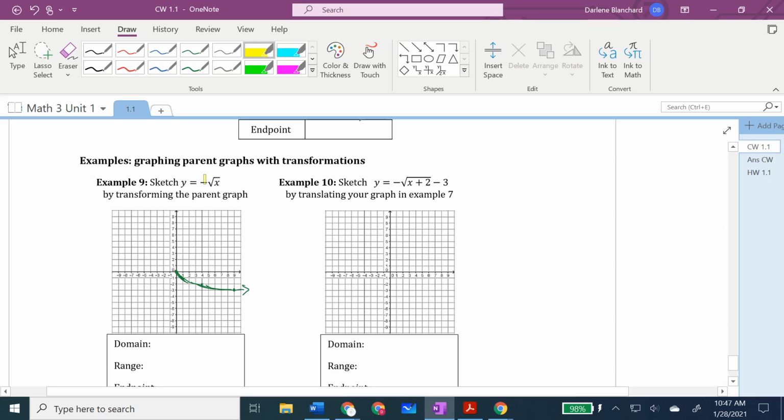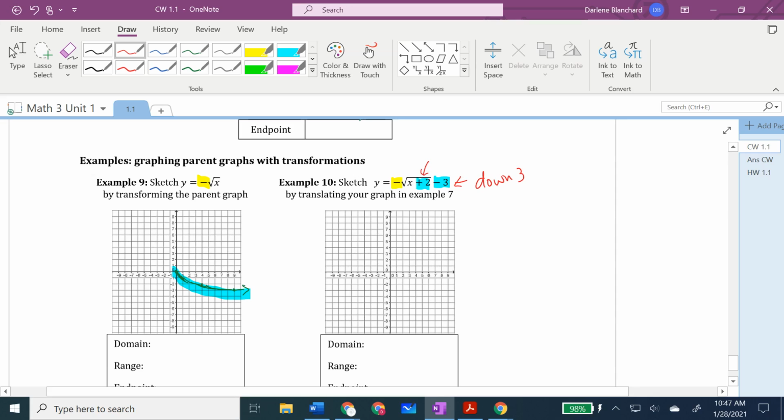Now, I have this again as a continuation. I have that multiplication by -1 over here. The only new thing is the +2 and the -3. That means I'm taking this graph and moving it down 3.